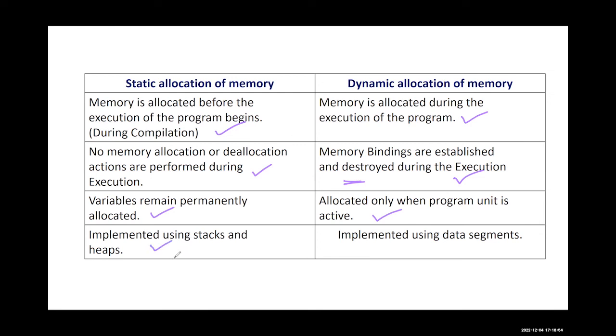This is implemented using stacks and heaps, and static is implemented using data segments. So these are the differences you should know, students. This is important and can come for the examination. I hope this part is clear.